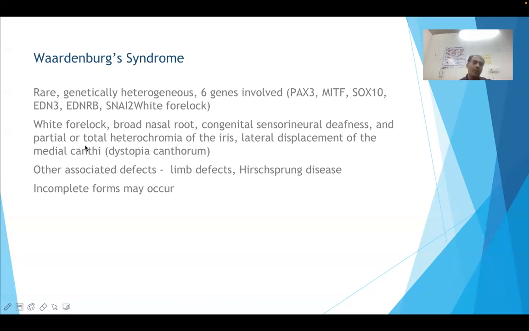The white forelock, which presents as a small patch of depigmented skin with depigmented hair on the front of the scalp, the broad nasal root, congenital sensorineural deafness, partial or total heterochromia of the iris, lateral displacement of the medial canthus of the eye are important features that help us to identify the Waardenburg syndrome. Limb defects and Hirschsprung's disease are also known to be associated with this form.